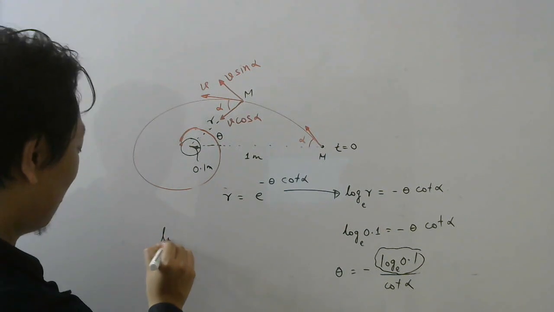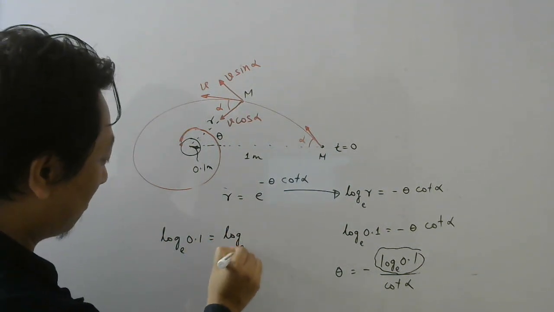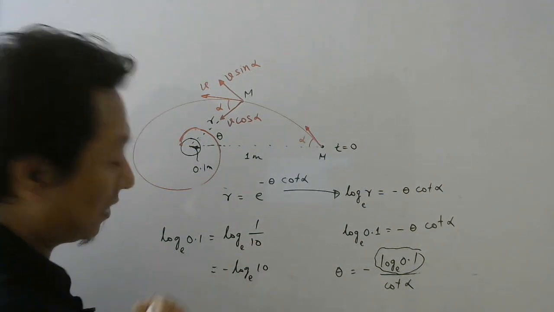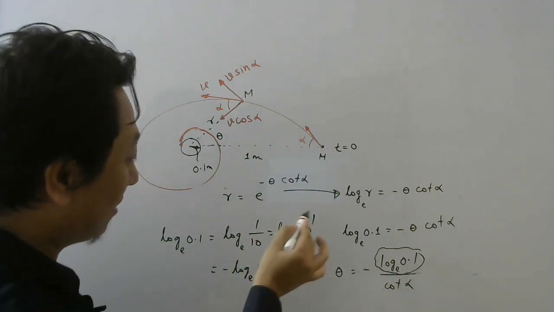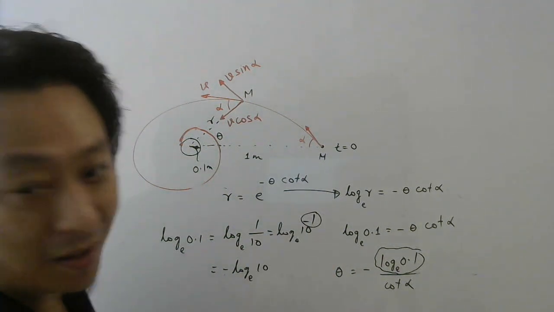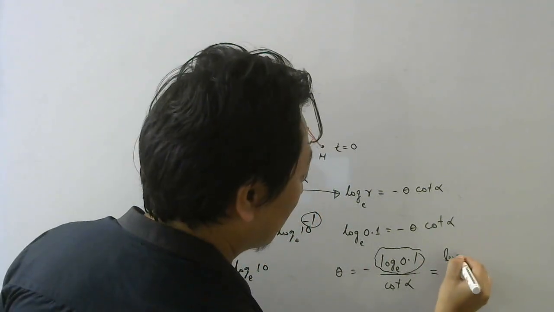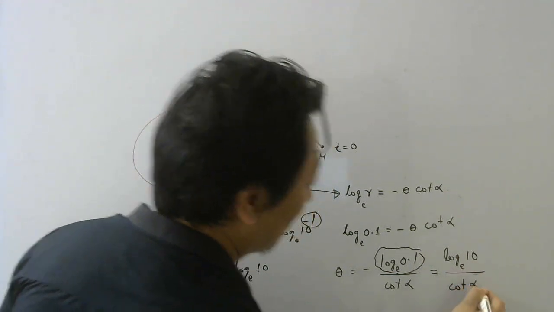Why? Well, you know that log base e 0.1 can be written as log base e 1 by 10, which is minus log base e 10, right? Because this can be written as log base e 10 power minus 1, and this minus 1 will come here. And when you substitute this here, minus minus will become plus. So log 10 base e divided by cot alpha.